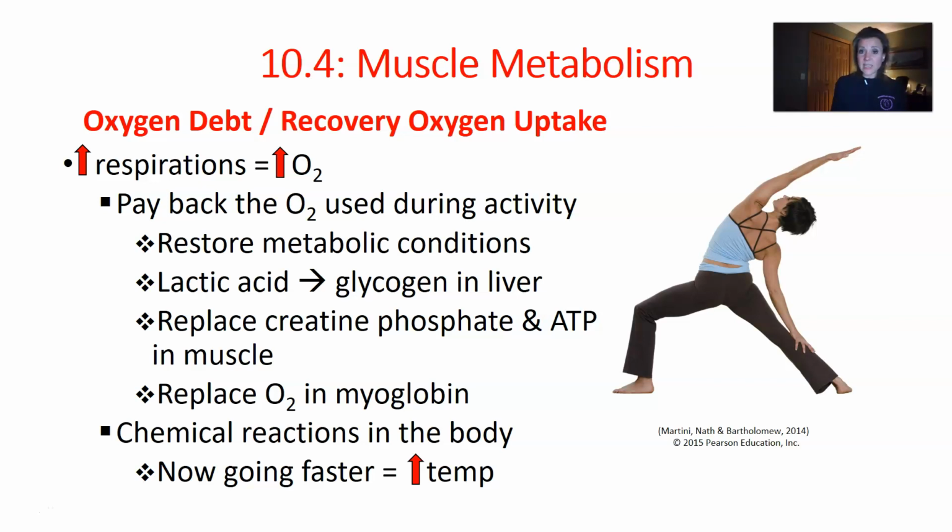The second thing is that the muscle cells, now that they're not contracting anymore, they're at rest, they need to generate more ATP, and that ATP is going to be used to create creatine phosphate, which is what I was talking about on the very first slide, right? You can't just store ATP, it's got to be stored as a different molecule.